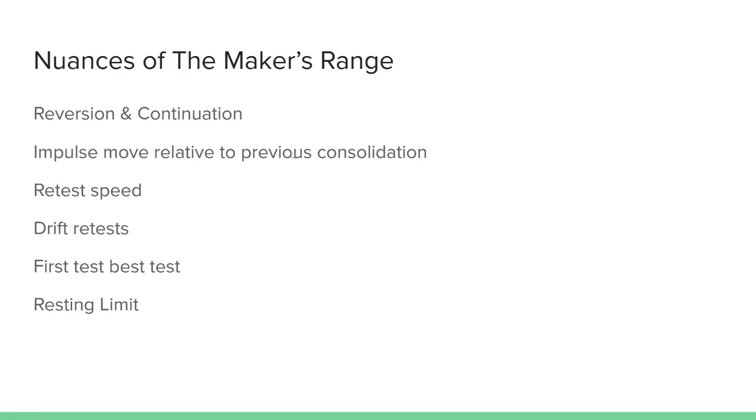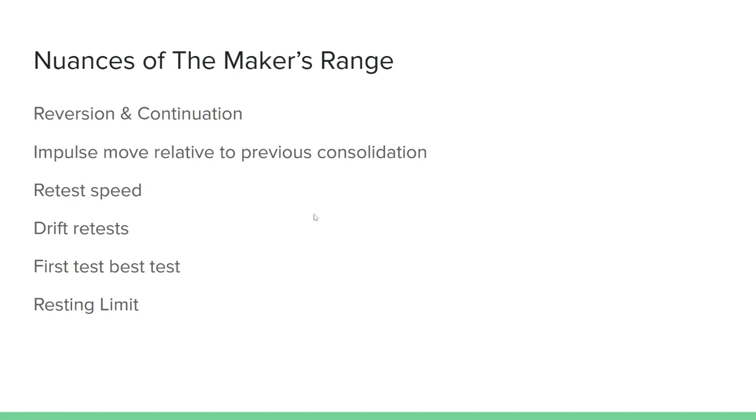Retest speed. With these sorts of things, you don't want to necessarily get an immediate retest, although it is fine. You are going to have a lot more success, though, if you're getting a little bit more of a rounded retest. Drift retests. These things work best if you're not impulsing right back into the level, but if you're instead grinding back to it.